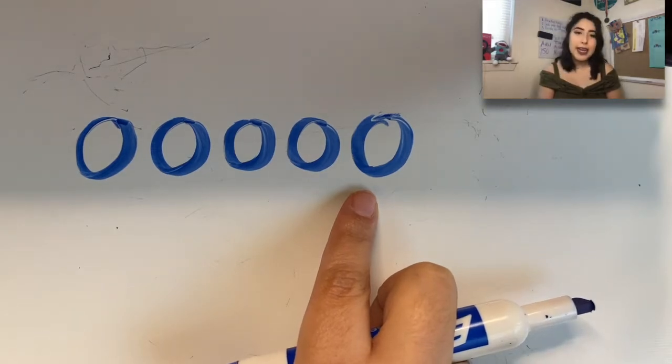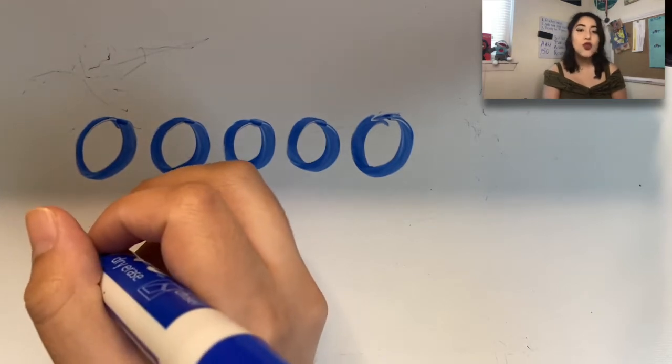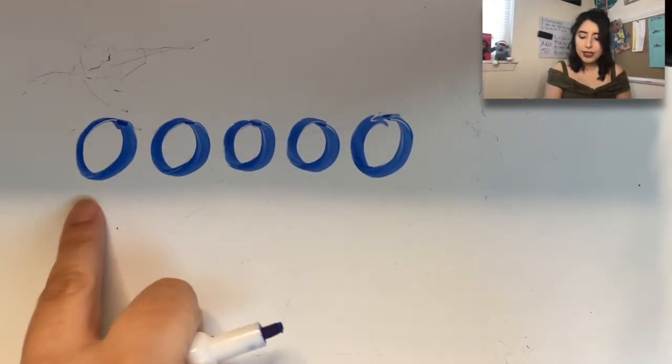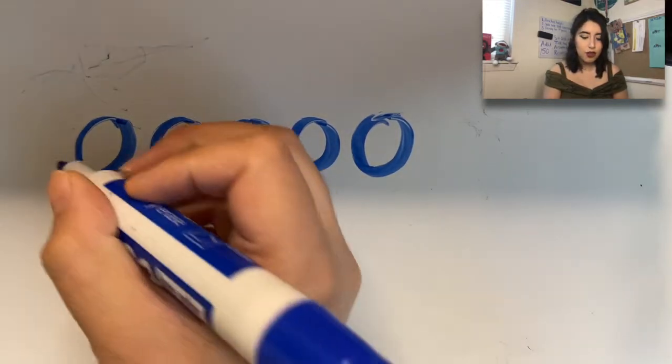Now Awate has 3 toy cars. So I'm going to draw that in a 5 group. So Nassim has 5 and Awate has 3.